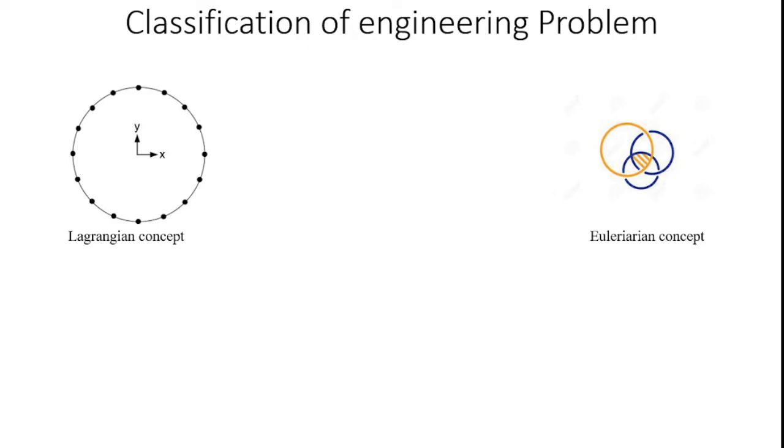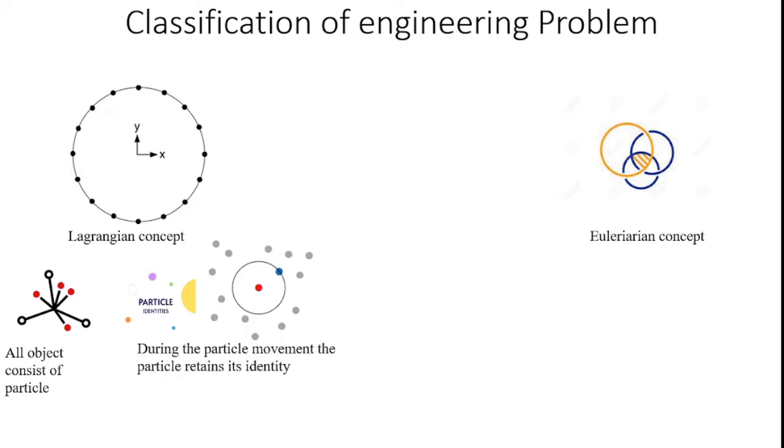Here I have one question. What is the Lagrangian concept? In space, all things are available as particles. All objects consist of particles, and the particles can move freely in space. During the particle movement, the particle retains its identity, which means the particle has its own density, its own specific volume, its own properties within the system.